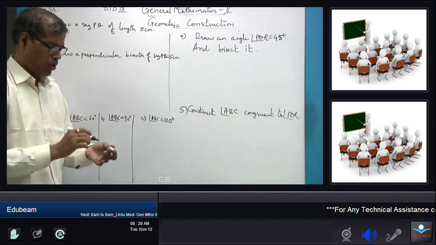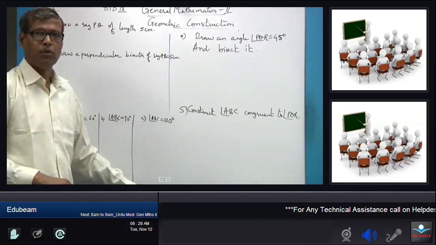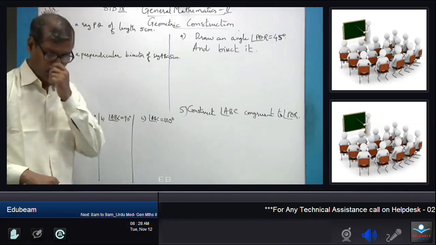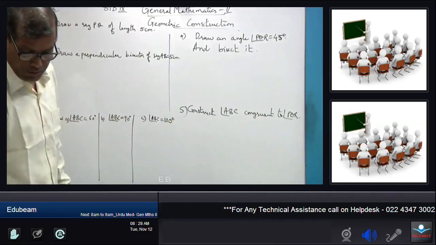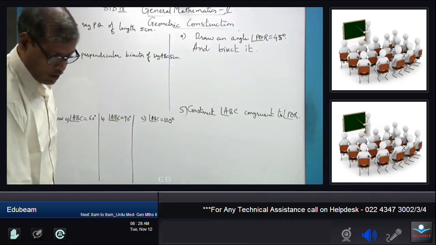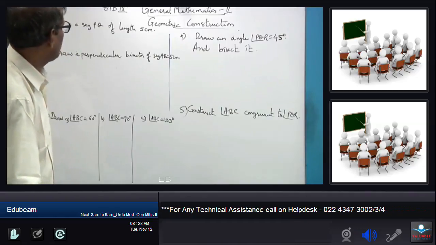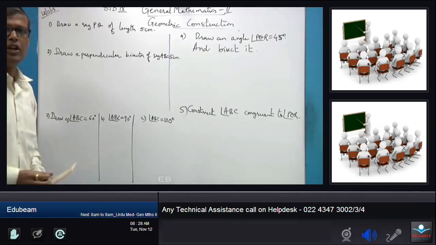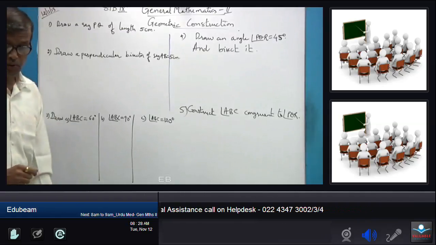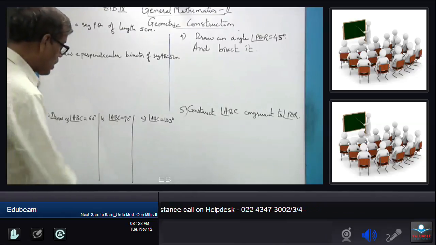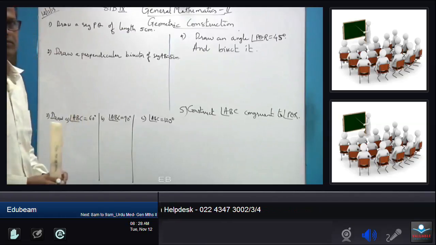Draw a perpendicular bisector to segment AB equal to 5 centimeters. So the first part is continued in the second one. So the second one is you are going to take it once again, that is P. Measure it as 5 centimeters.